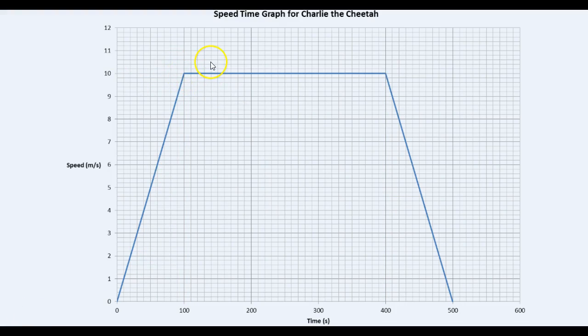The next section is this rectangle here in the middle, so we've got 500 meters from the first bit. I'm going to select my straight line tool because I can't draw straight lines. So here we've got a rectangle.